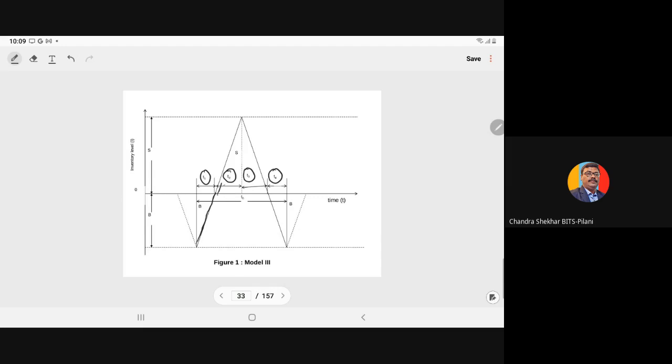In this period we build up the positive inventory level by satisfying the current demand. After reaching the maximum allowable capacity, we just use the stocked inventory to meet the demand. Here we have the decrement of the inventory level in the period T3, and in the period T4 again we are logging the back orders. We are making the record of the back orders. So this is T1, T2, T3, T4.